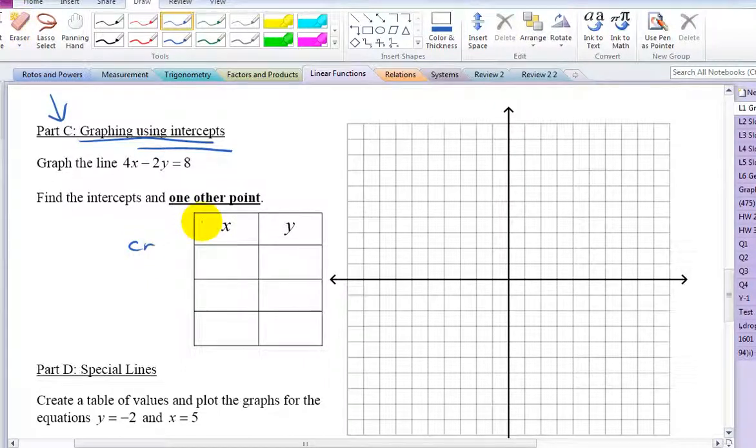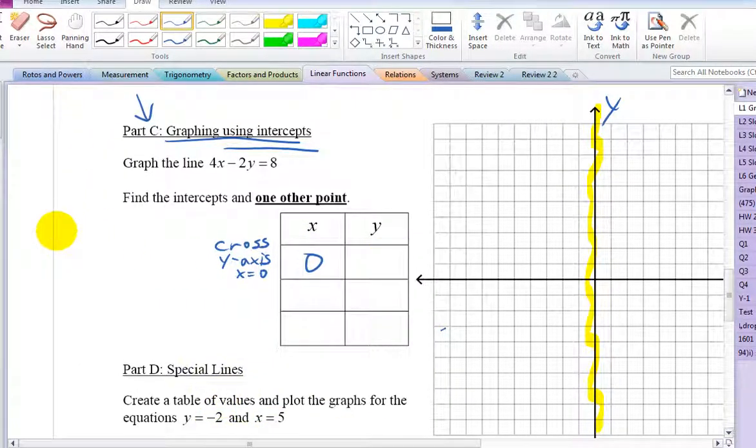Actually, let's cross the y-axis. So if it's crossing the y-axis, which value should be 0? Here's x, here's y. It's crossing this line, so what should be 0? X equals 0.